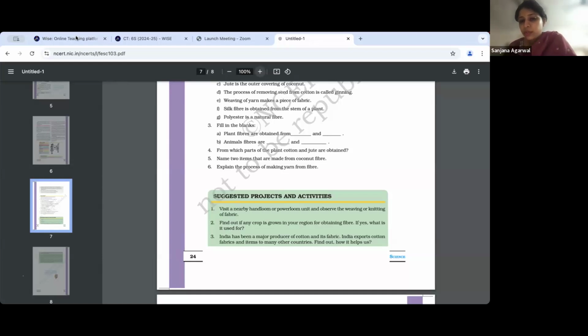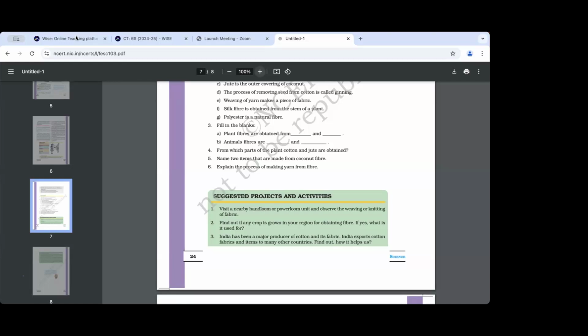Okay. Write the question. What is meant by weft and warp? WEFT weft and WARP warp. Answer. Warp is the yarn placed lengthwise in the loom.